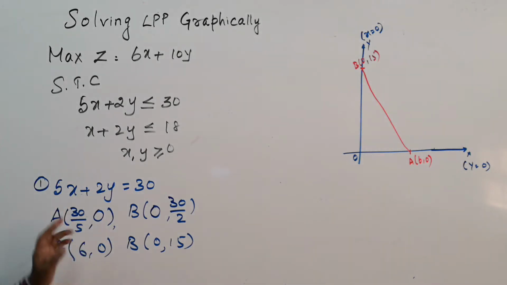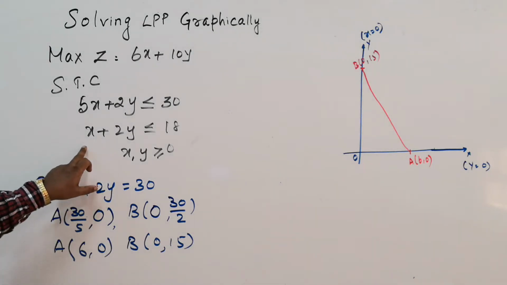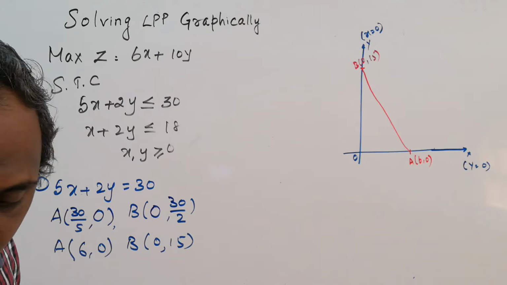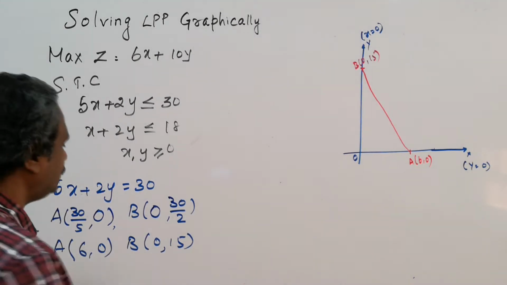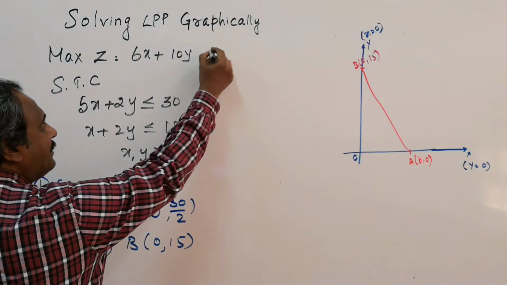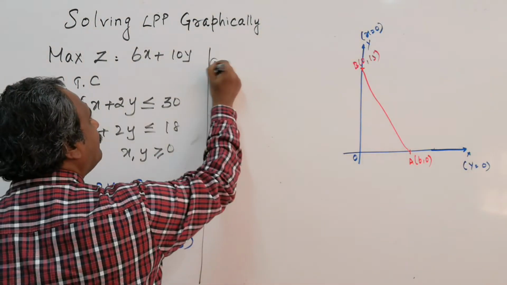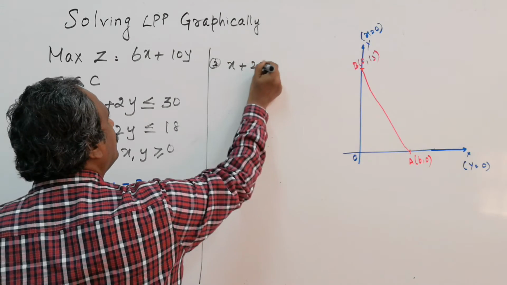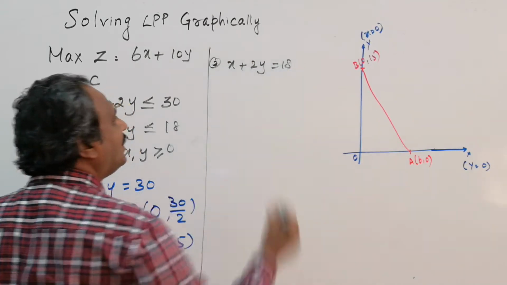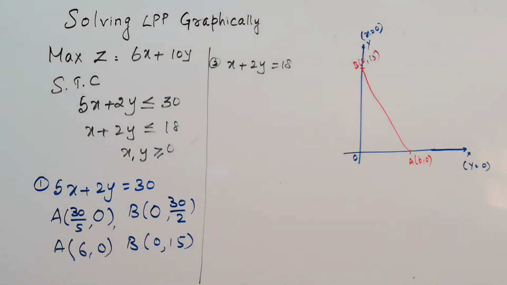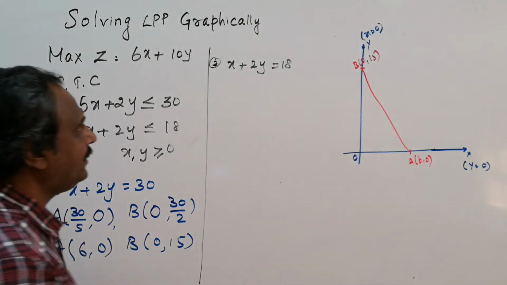In the same idea, I am going to draw the graph for the second constraint. How to do this? I am going to proceed with the same principle. My equation 2 is x plus 2y equal 18.